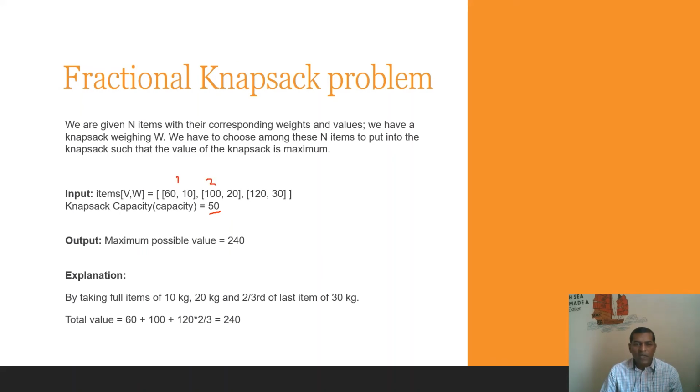The value of the first item is 60, whereas the weight is 10. The value of the second item is 100, whose weight is 20. The value of the third item is 120 and the weight is 30.